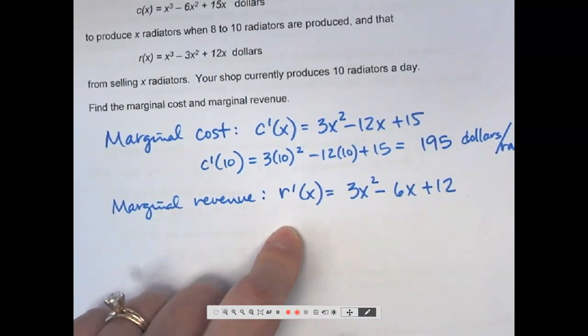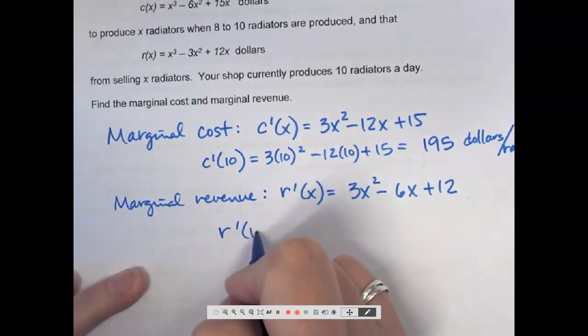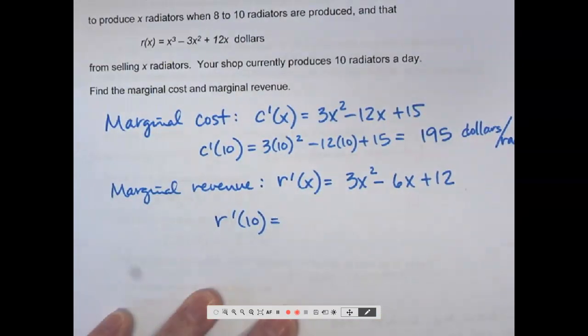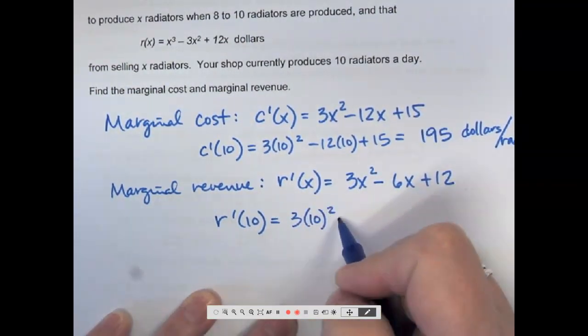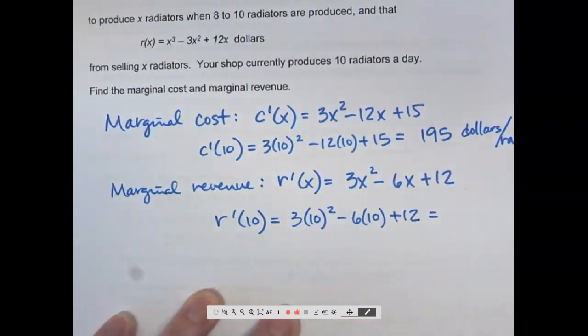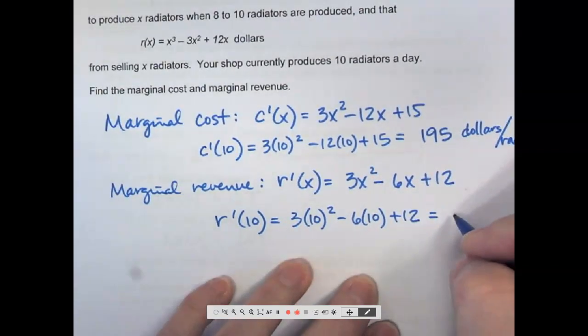Okay, well, let's see what the revenue is when we're selling 10 or making 10 a day. I'm going to plug 10 into my rate of change of revenue. Revenue is the money I'm bringing in. That's a good thing, right? Okay, well, that's positive, so that's good.